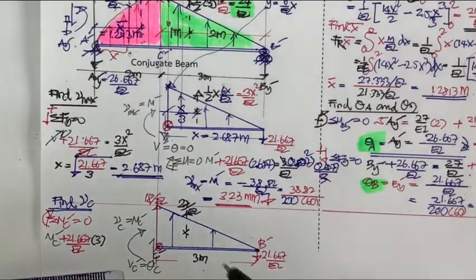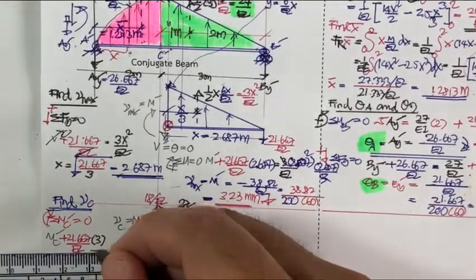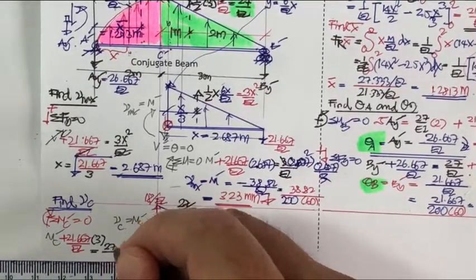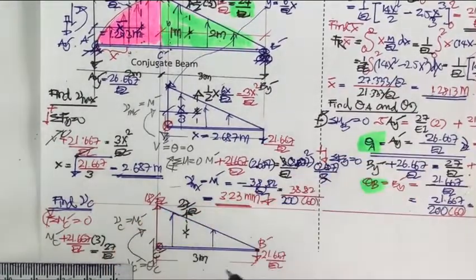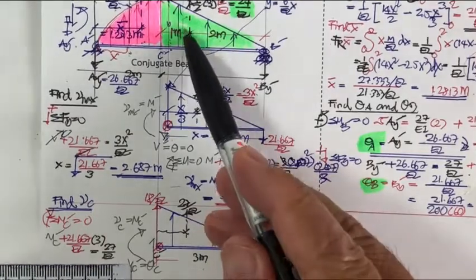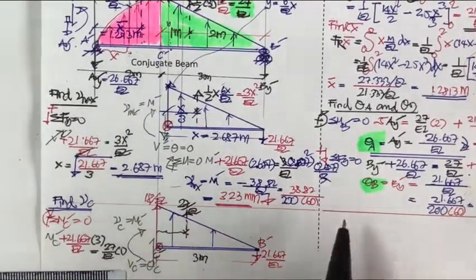And then this one in the opposite direction equal to 27 EI times this one. As you know this is 1 meter, so times 1.